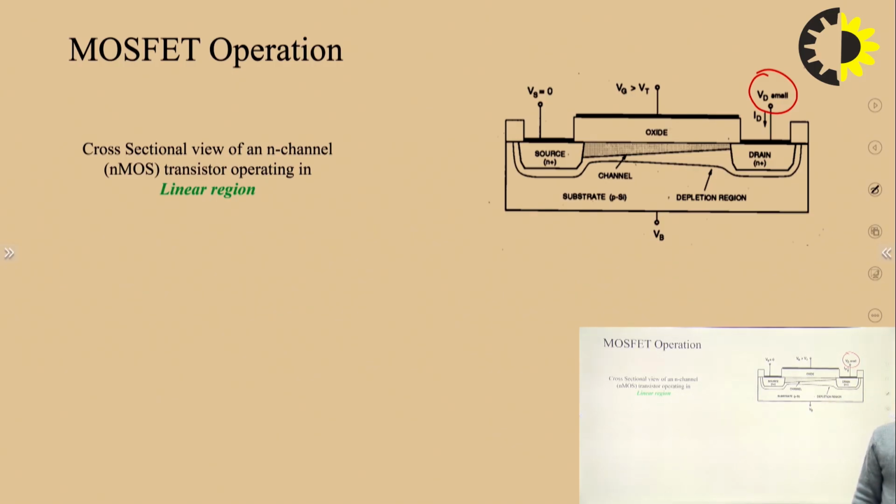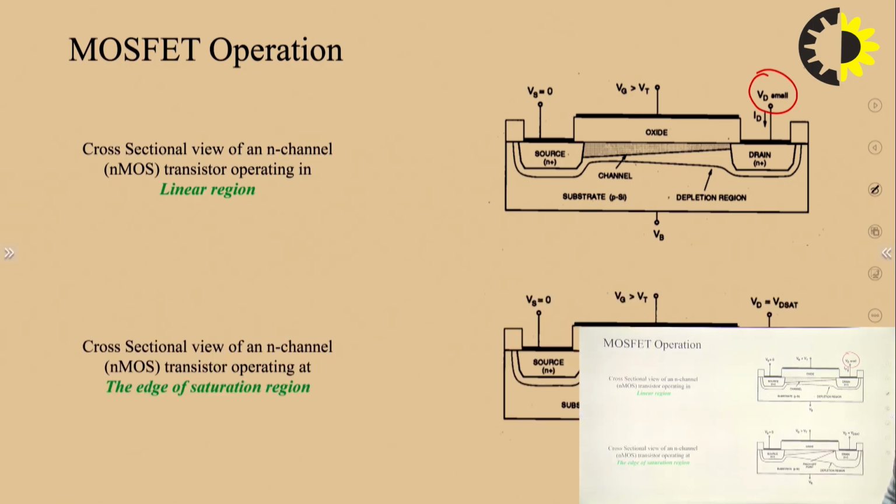the linear region. If we increase the voltage beyond a certain limit at the drain terminal, then at some point the channel will deteriorate at the drain terminal and it will be depleted, and it has zero width, we can say.